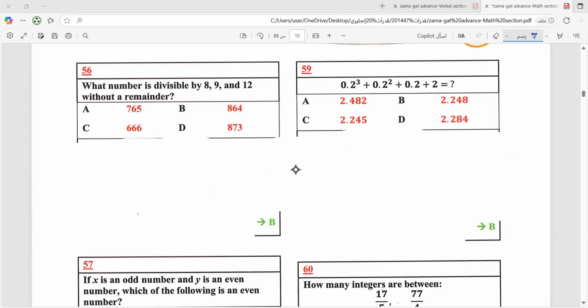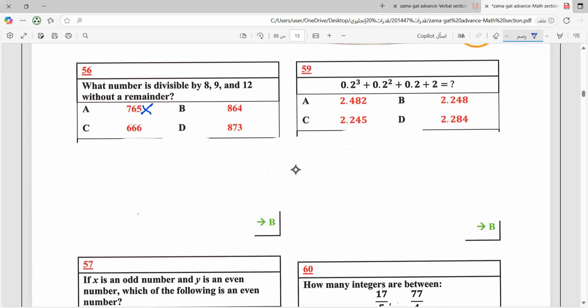How do you know about 8? We said that if the hundreds digit is odd or even, look at the last 2 digits, or you divide by 2 and by 4. Is it divisible by 2?